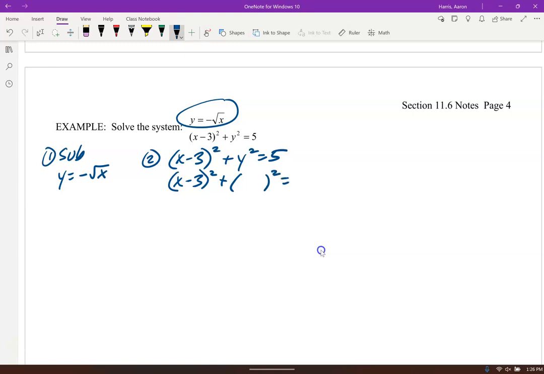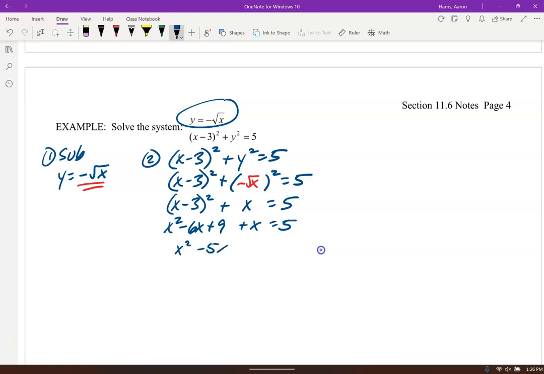Well, negative root x times the negative root x is a positive x. Now I want to expand that, so that's x squared minus 6x plus 9 plus x equals 5. Get one side equals 0, so x squared minus 5x plus 9, and then subtract 5 on both sides, so plus 4.